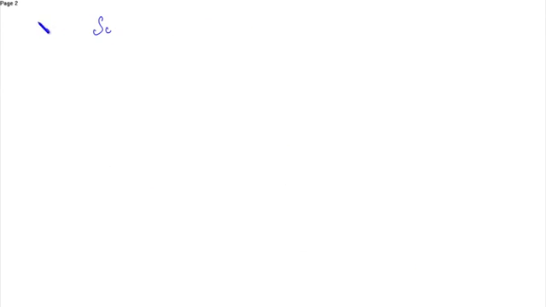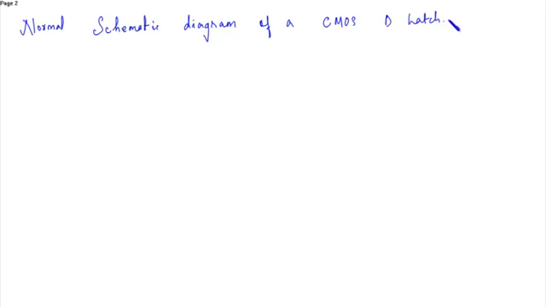This is the normal schematic diagram of a CMOS D-latch.